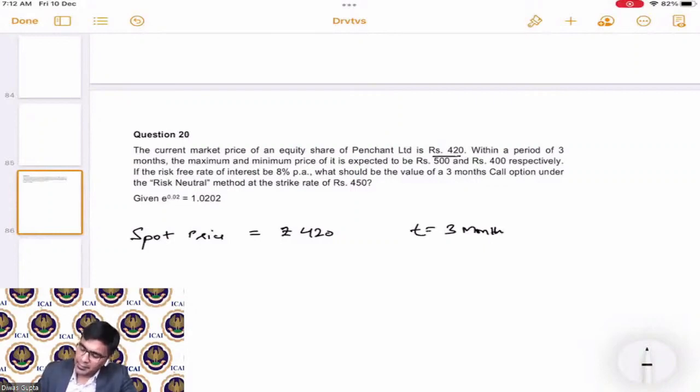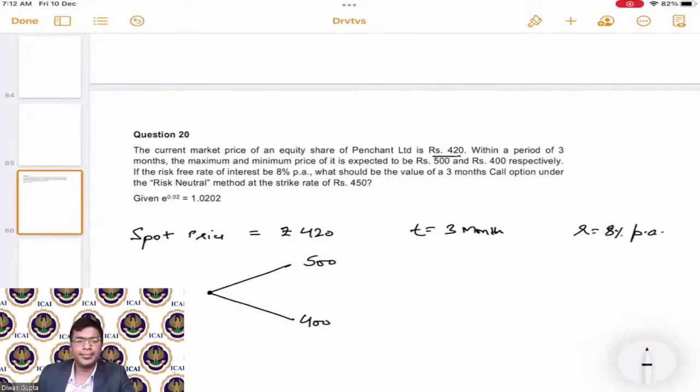The maximum and the minimum price of it is expected to be rupees 500 and rupees 400 respectively. If the risk-free rate of interest is 8% per annum, they are saying that R is equal to 8% per annum. What should be the value of a 3 months call option?